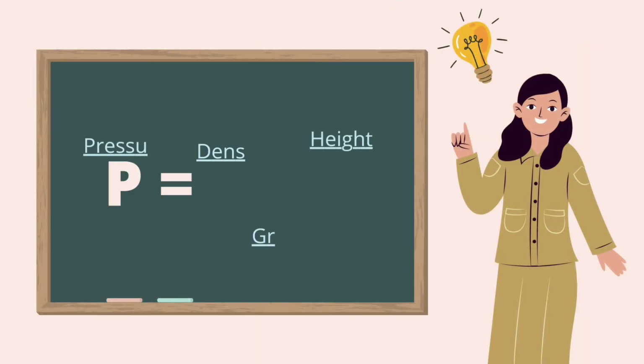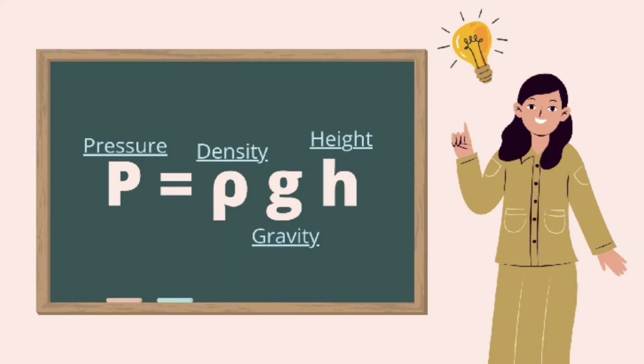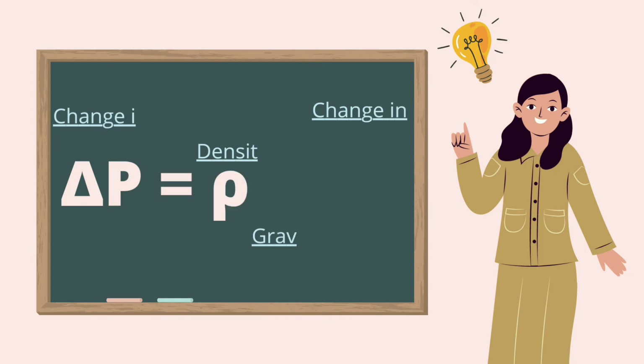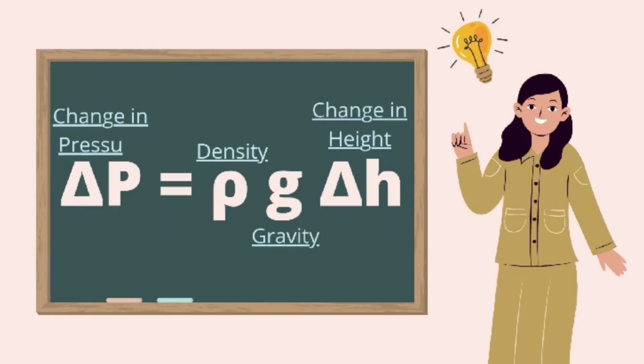There's an easy way to calculate the pressure of a fluid at a given depth. It's just the fluid's density times small g times the distance to the surface, represented by the letter h for height, and the change in pressure based on depth is equal to the fluid's density times small g times the change in distance to the surface.